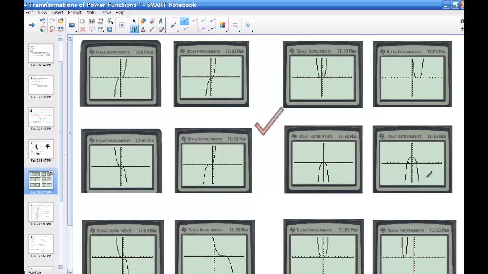You're reflected over the x-axis and you moved up 3. Okay. Alright, let's move on.